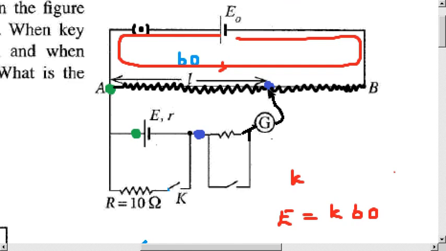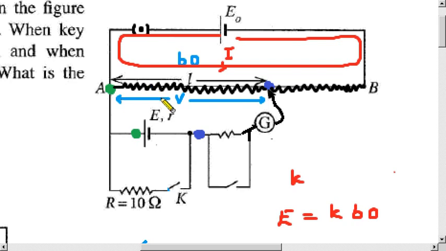There is a voltage between these two. There is a voltage because there is a current. The current is this one. There is a current along this resistor wire, and also there is a resistance. Therefore it has a voltage between these 2 points.